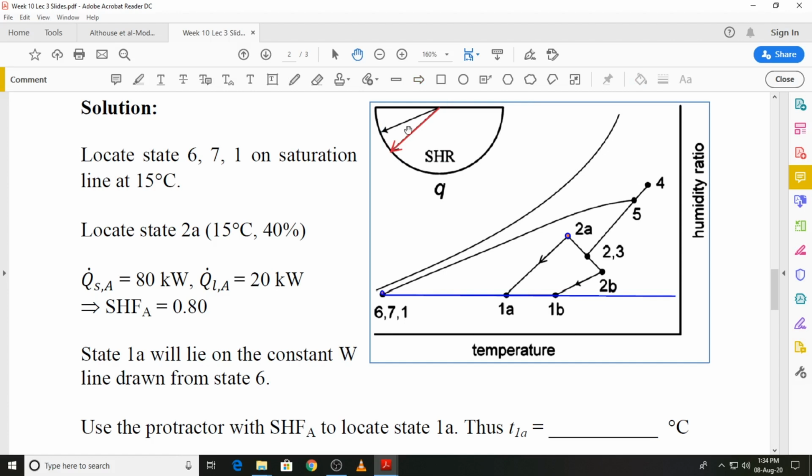So let's say this is 0.8, and we will draw a line parallel to this line from state 2A, and when you do that, it will intersect the line that we have drawn from state 6 at 1A, and that will establish state 1A on the psychrometric chart. So we have also located state 1A.